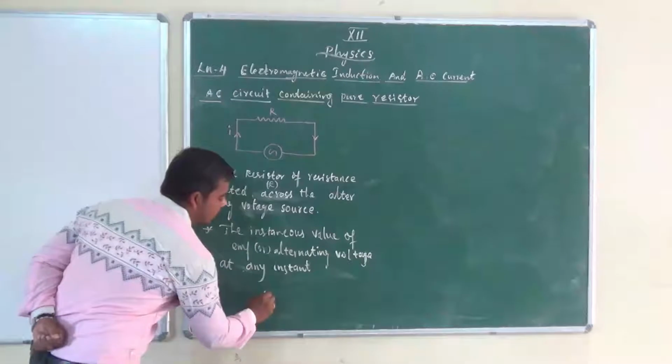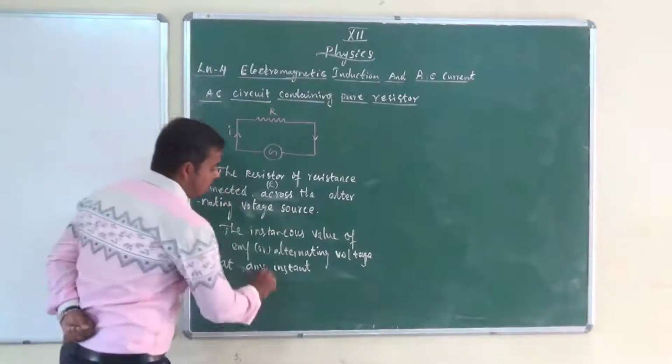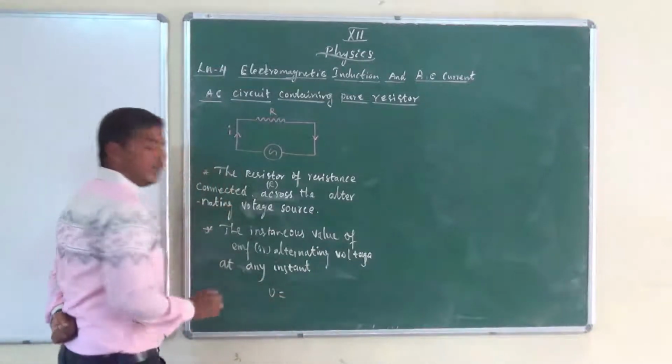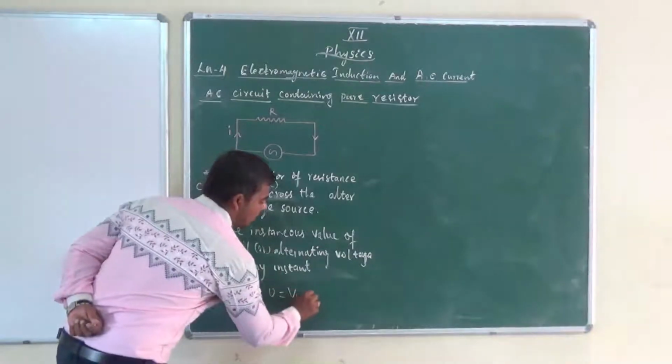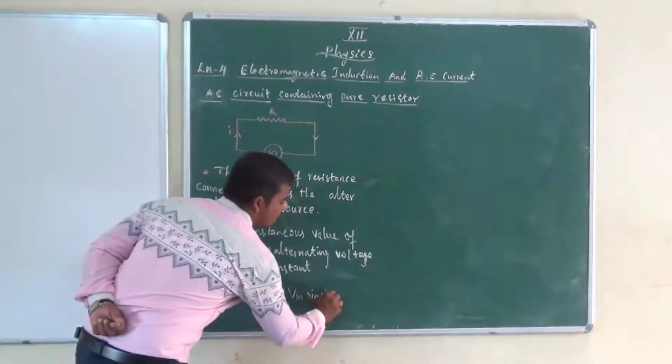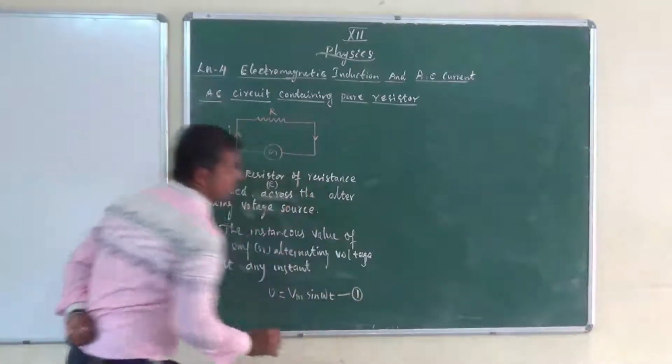The alternating source of EMF is represented by V equals Vm sin omega t. Consider this as equation number 1.